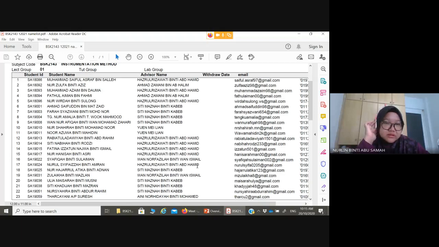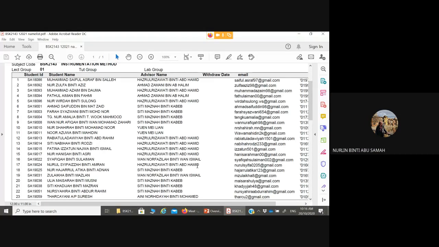Better kita aware problem berkenaan dengan registration ni dari awal. So that tak adalah kalau awak dah ikut kelas tapi nama awak tak ada, bila final exam tak boleh duduk, tak boleh sit for the exam. That is the effect if you are not aware of the registration. So I hope that all of you already registered your name.